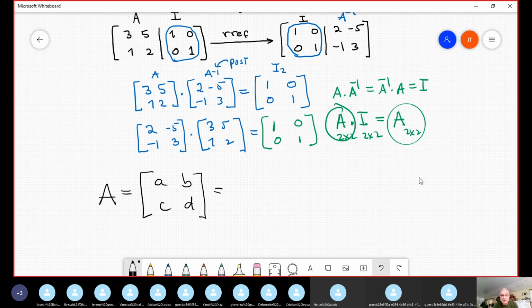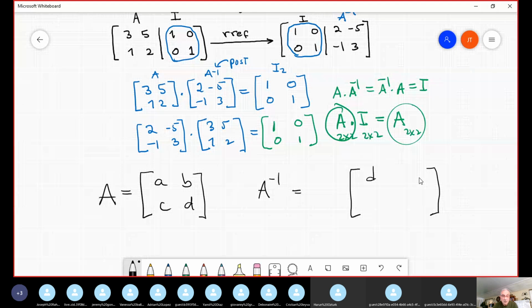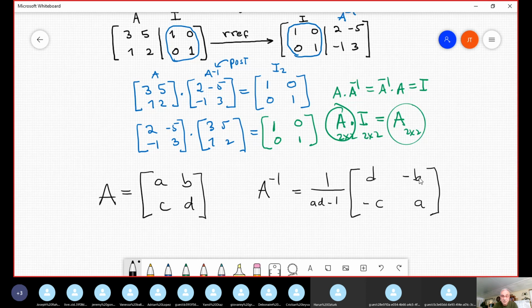Therefore, the inverse matrix associated with this is equal to: the formula is [d, -b; -c, a] multiplied by 1 over (ad minus bc).